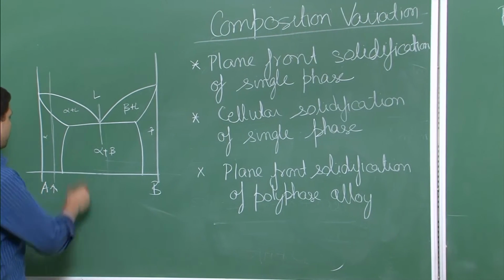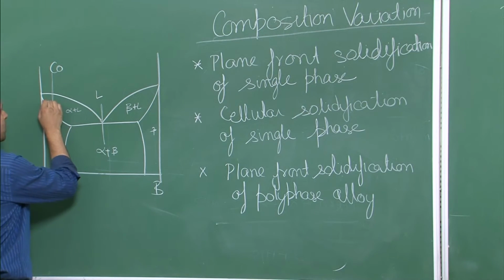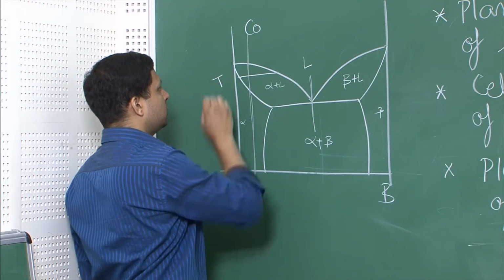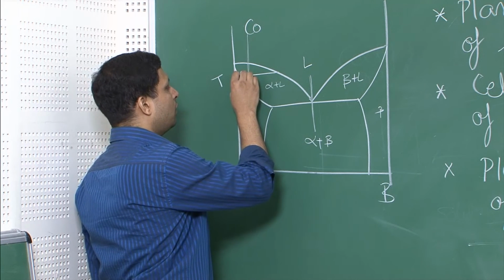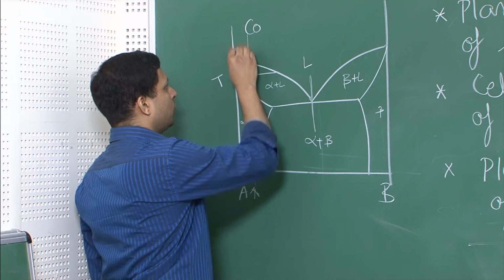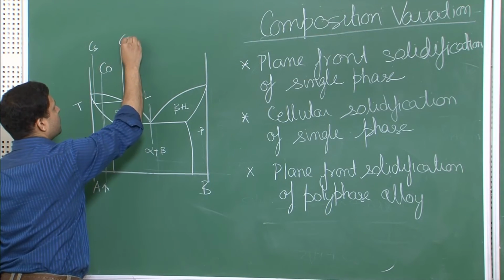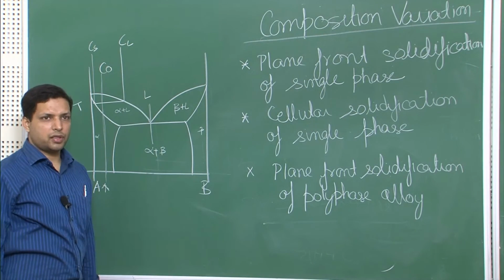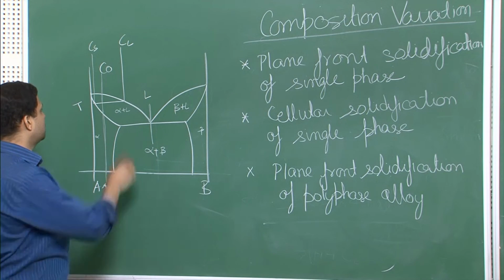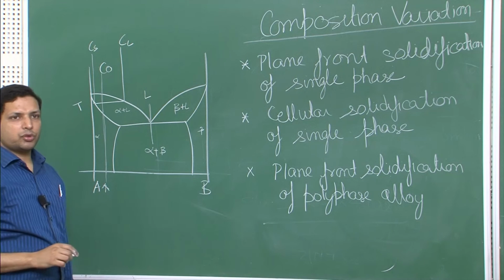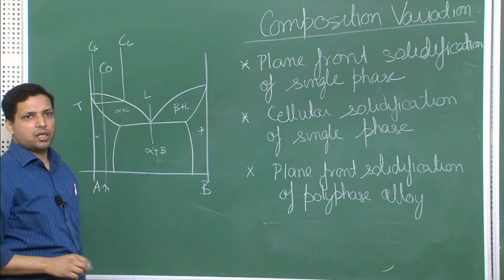So if we have taken a composition like this, and we are at a temperature like this T, then this is the composition of the solid part Cs, and this is the composition of the liquid part, which is Cl. So when we say equilibrium, what we are saying is that the solid is at a composition Cs and liquid will always be at the composition Cl.